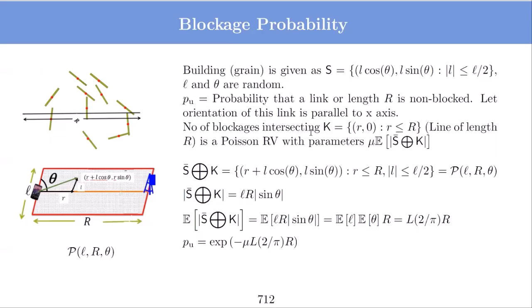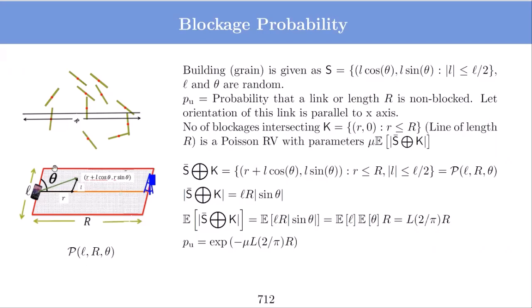The line segment denoting the link will be represented by all x, y such that x is less than or equal to R and y is 0. The number of blockages is a random variable with mean mu times the expected value of S bar Minkowski sum K. So what is the Minkowski sum of a line and a set K?